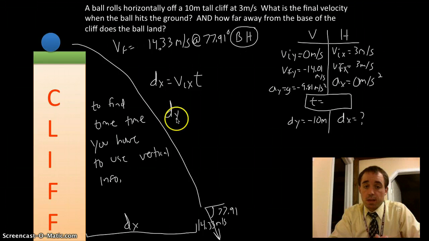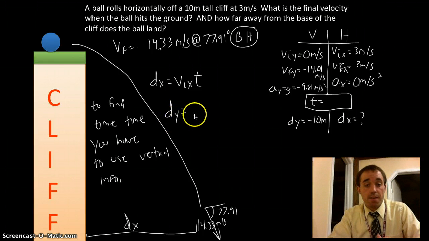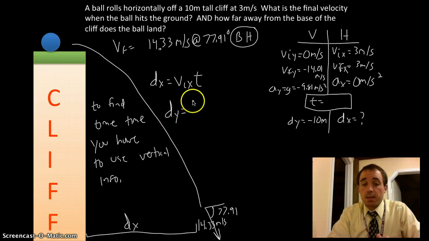So I'm going to use that to find dy, just looking at the half sheet if you have that out. dy equals VIY t plus 1/2 AY t squared.